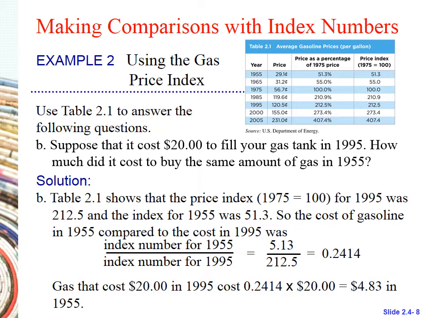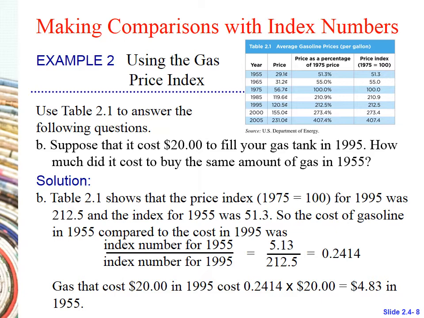Think of this as a proportion. So I'm comparing the index number in 1955 to the index number of 1995, which is going to equal the price for 1955 divided by my cost for 1995. These years will drive you crazy. All right, so you could set it up as a proportion as well. They just went ahead and divided and then multiplied by the 20.